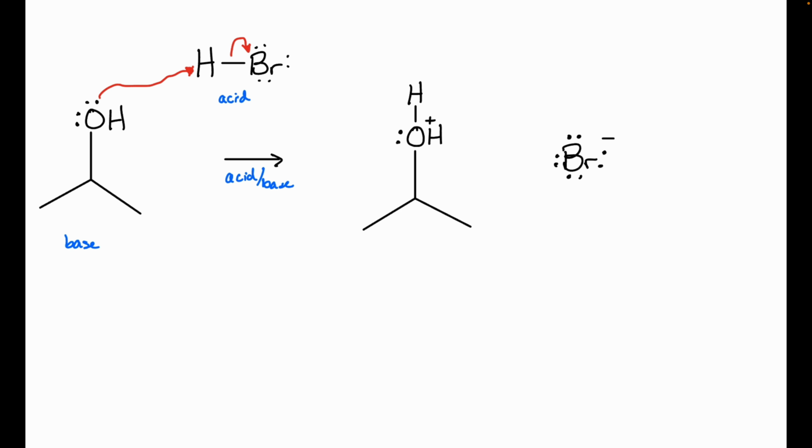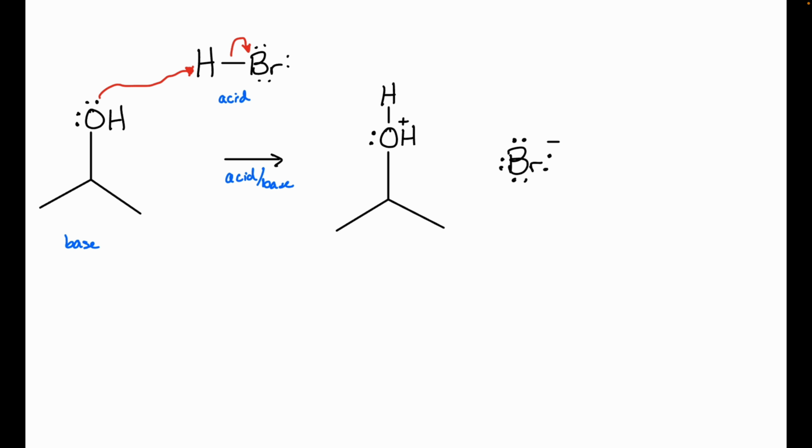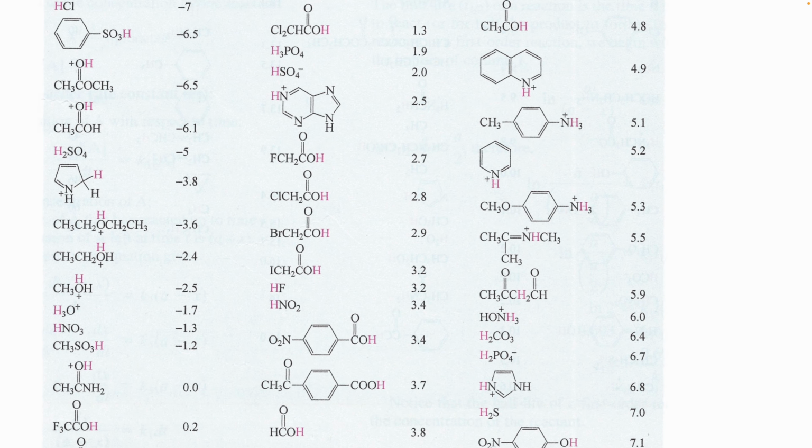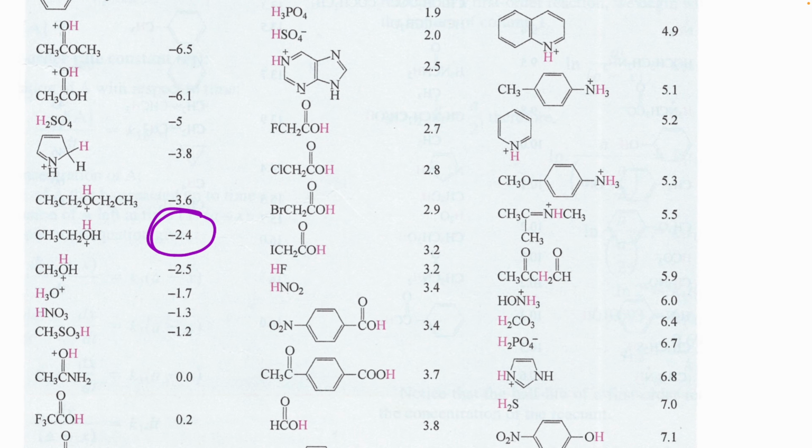And what if I want to know how efficient this first step is? Meaning, which direction does my equilibrium lie in? I'm going to compare the pKa of my acid, this -9 here, to my conjugate acid. Going to our pKa table, we'll find our protonated alcohols around -2.4.